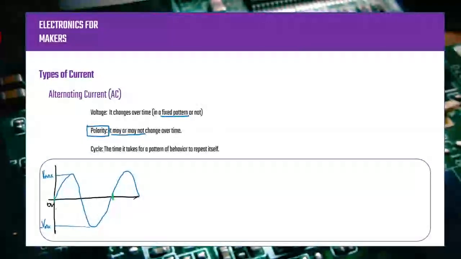This stretch of time right here, this is what we call a cycle, because this pattern repeats itself to infinity. If we were to analyze this for a long time, we would see this repeating over and over again. So we say this repeating pattern is the cycle.